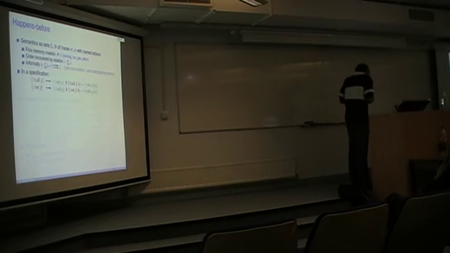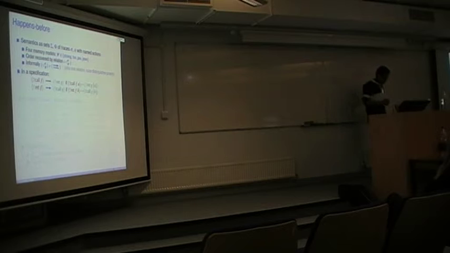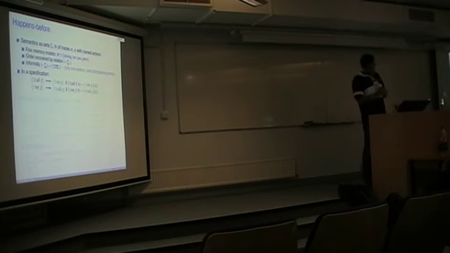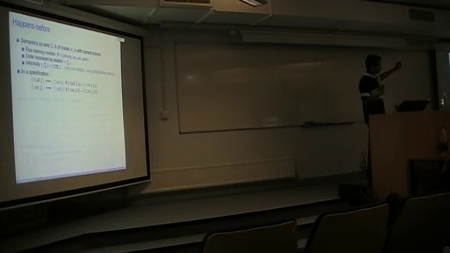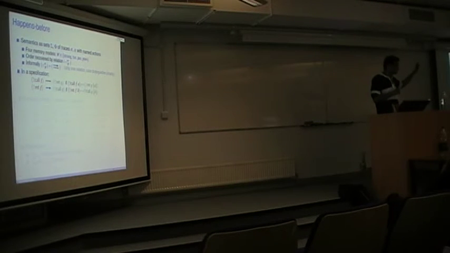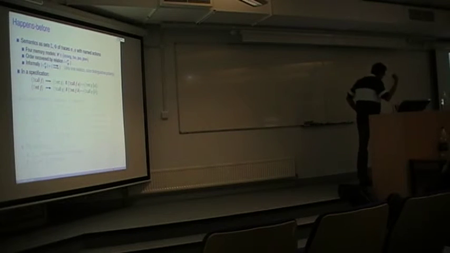So for example, if you go and read the Java implementation for stack, what they're going to tell you is that if you have a push method and a pop method, then the return of the pop method happens after the call to the corresponding push method. So this is the kind of documentation you see in the Java memory model.